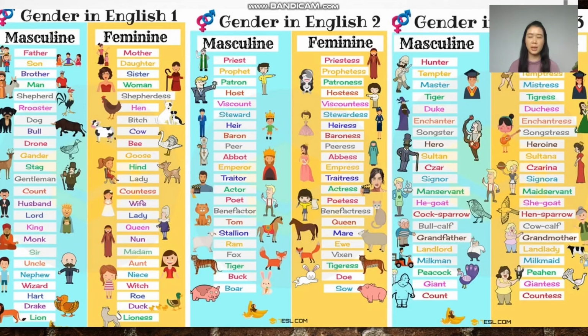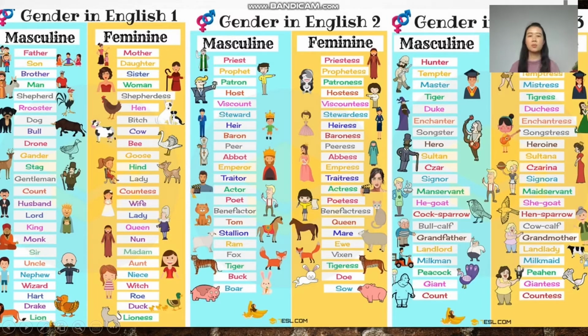I have more examples for you. The masculine father and the feminine, we can say mother. Like the words man, woman, bull and cow, husband and wife. What else? Heir, heiress, actor, actress, fox, vixen, hero, heroine, milkman, milkmaid.